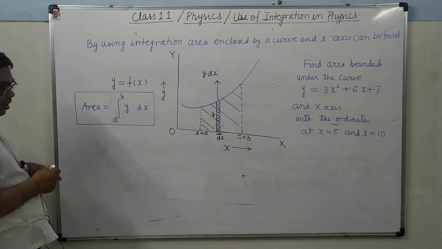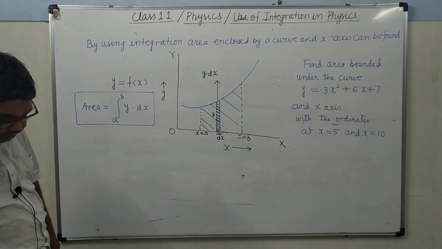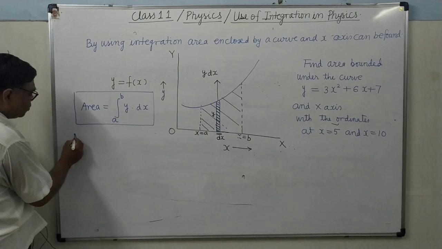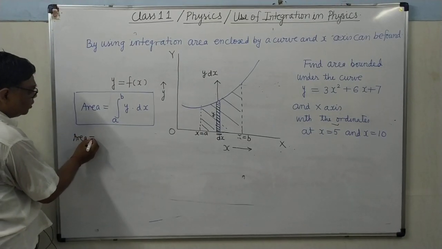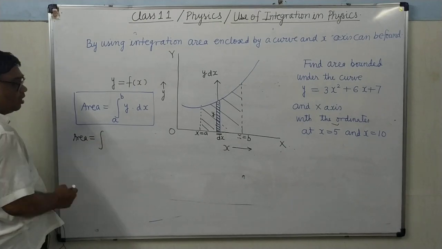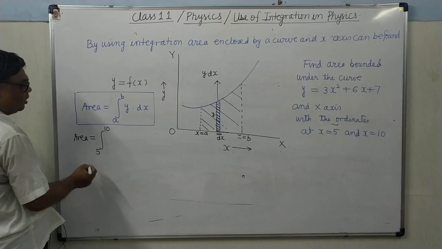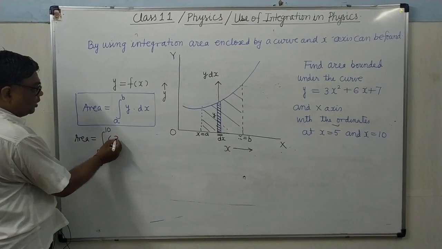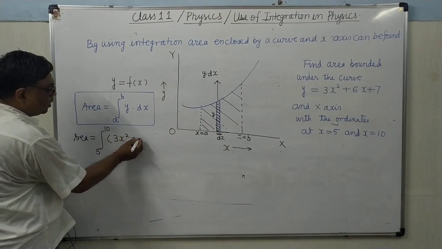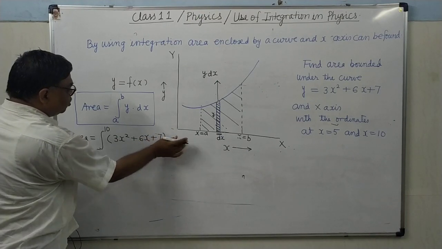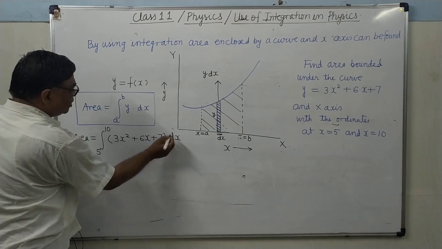So see here, I am writing area equals integral. What is a here? It is 5. b here is 10. y dx, what is y? 3x square plus 6x plus 7 into dx.